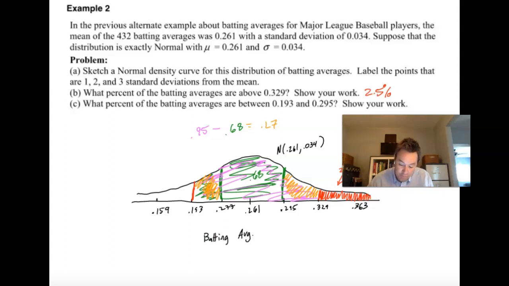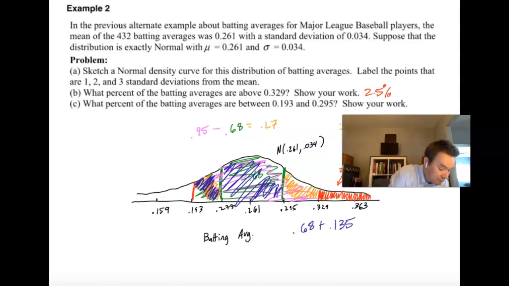So we're going to divide that 0.27 by 2, which is 0.135. All right, so the area that I'm finding is this plus the 68. So I'll have 0.68 plus 0.135, and that gets me 0.815. And they ask, what percent? Show your work, so our answer is 81.5%.